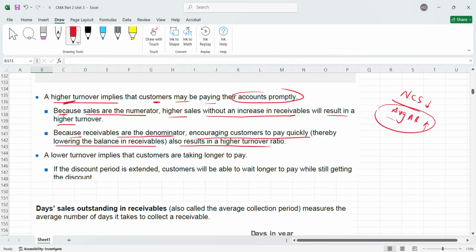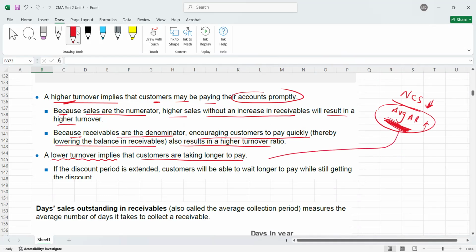This point is explained here. The lower turnover implies that customers are taking longer to pay. First, it's a straightaway interpretation that if turnover ratio answer is lower, it means customers are taking more time to pay. And the question is how turnover could be lower. I told you either if your net credit sale is decreasing or if your average account receivable balance is increasing, due to this your turnover ratio answer could be lower.